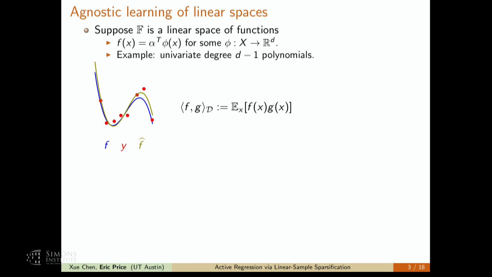When you think about this, it makes sense to look at the inner product between two functions in your class, which is the expected value of f of x times g of x. This inner product gives the norm that we were talking about in the previous slide, that norm being the expected squared difference.